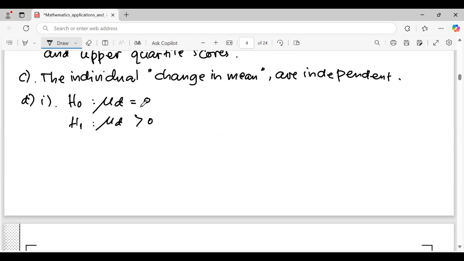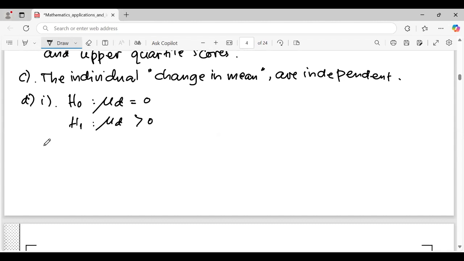Mu d is the mean of the differences from the first table, Table 1. This is the first step.